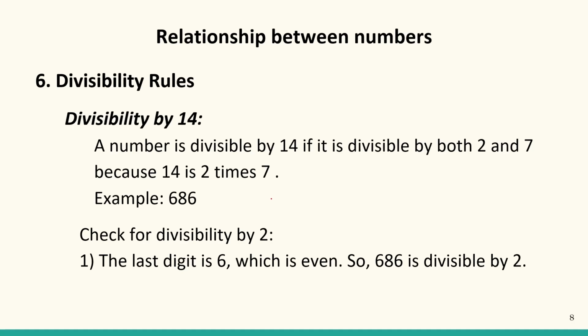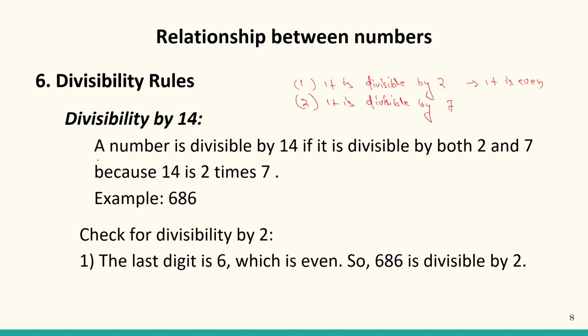Only two things that you need to check: the first thing is whether it is divisible by 2, that is, it is even. The next thing that you need to check is whether it is divisible by 7.